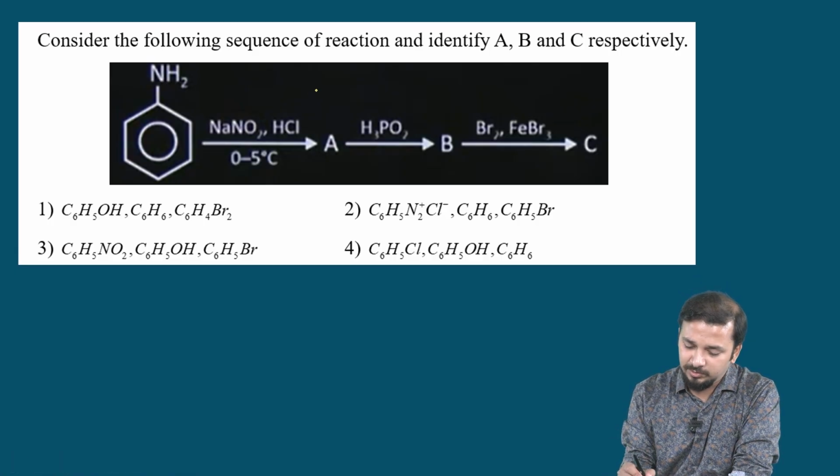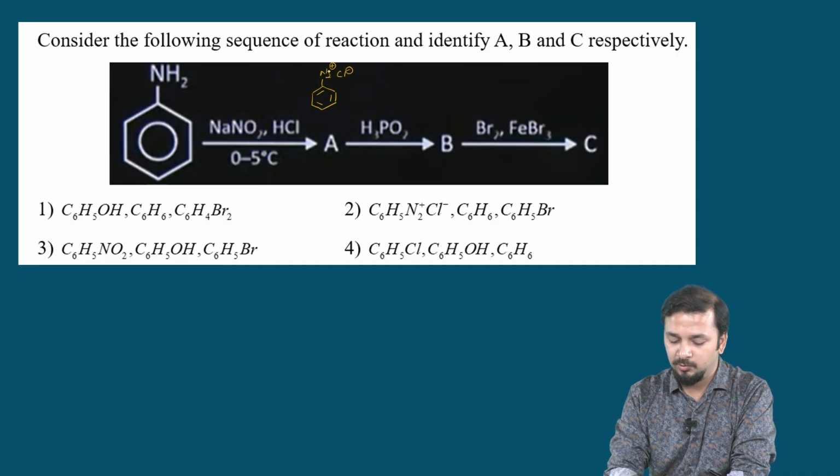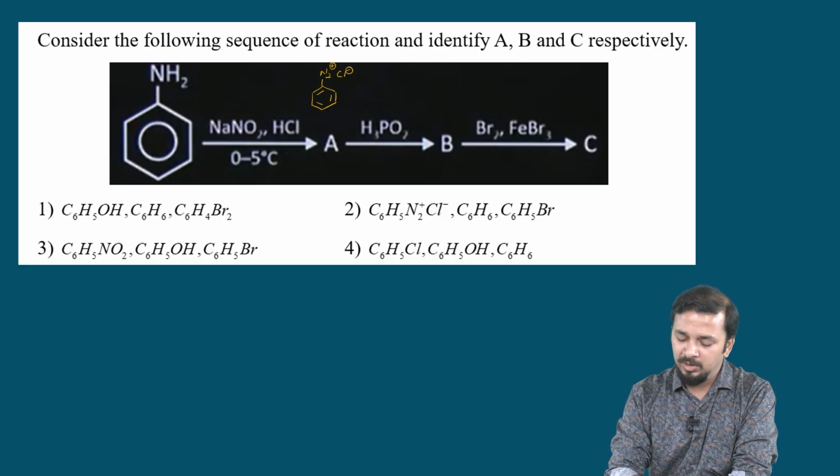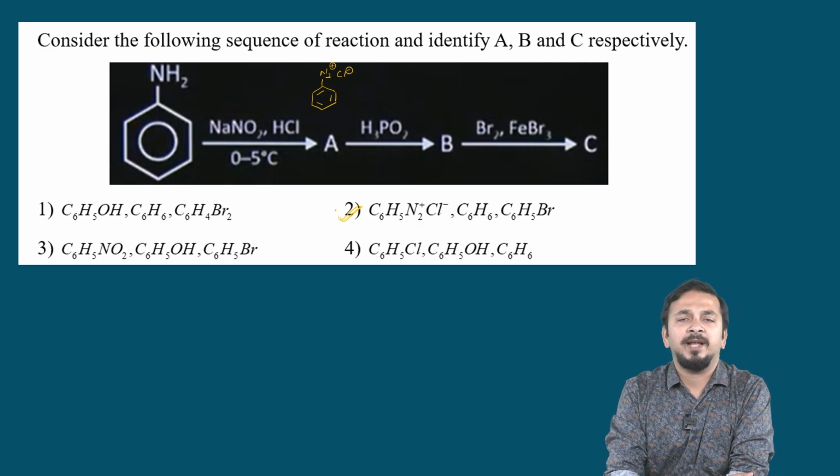Then it will be converted to benzene diazonium chloride. So A is going to be benzene diazonium chloride. Now if you go by the options, there is only one option in which A is benzene diazonium chloride. That's why the correct answer for this question is option 2.